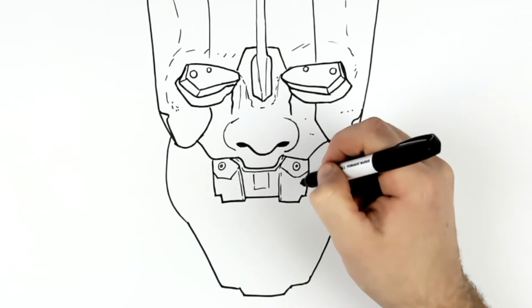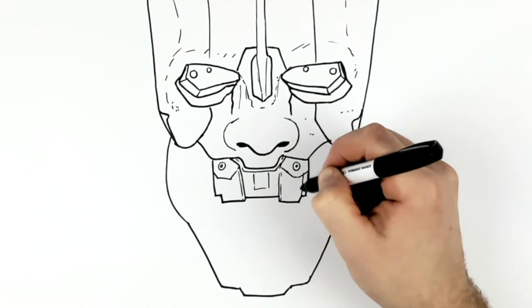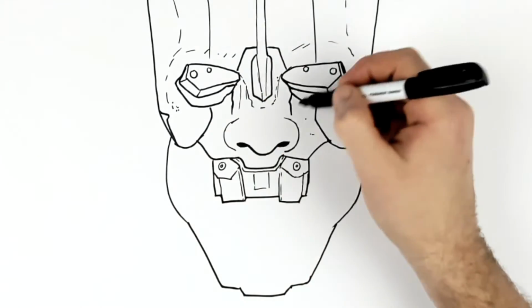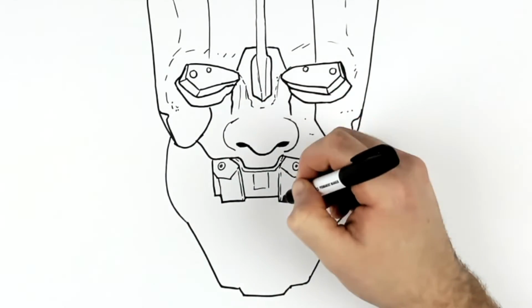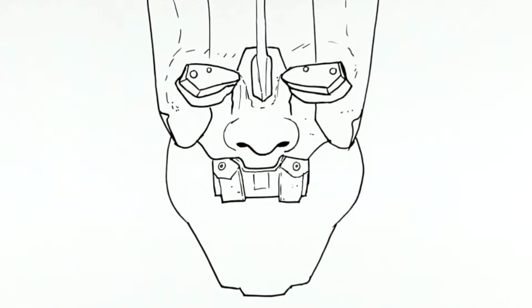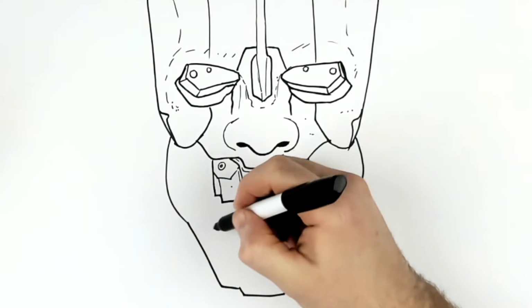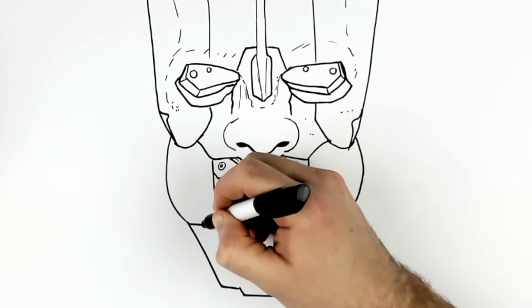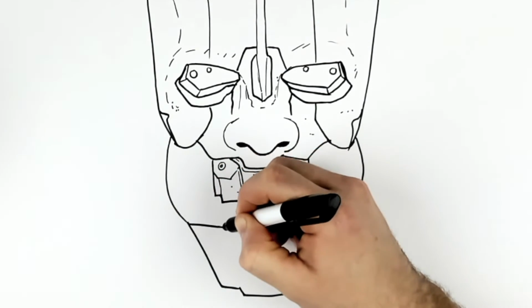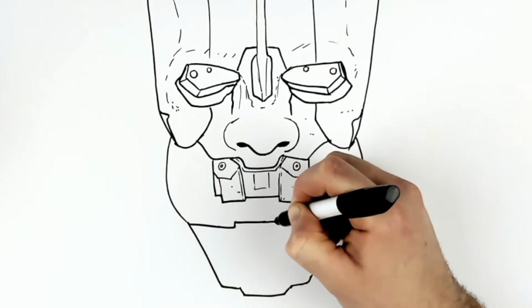You don't necessarily have to do all of what I'm doing. Right. And then he seems to have like a chin strap area that comes across his jaw here. Steps up a little, across.